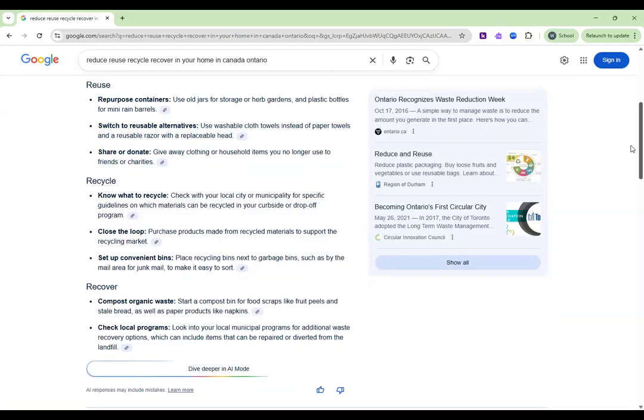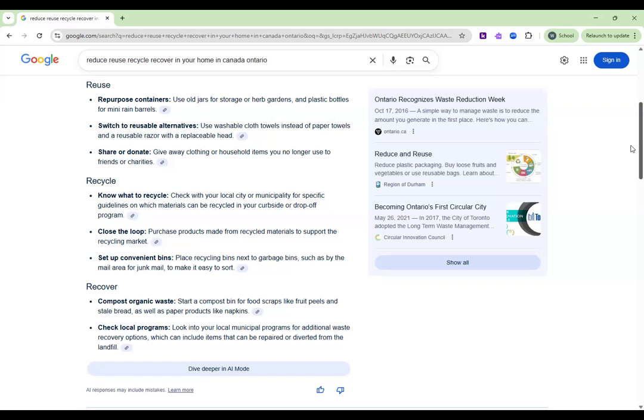Okay. Repurpose containers. Use old jars for storage or herb gardens. So they're talking about like a ragu jar. Well, we don't use ragu anymore in Canada, do we? But whatever you got in a glass jar and you've used it, rinse it out, and you could plant things in the jar. Many people are doing this nowadays.